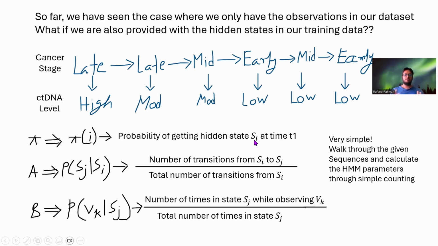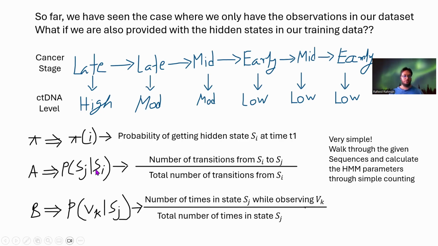You do the same thing for the other states and divide by the summation. So if you have three states, late, early, and mid, and maybe your late stage comes at T1 20 times, and the other ones come 5 times each, pi for late stage will be 20 divided by 30. That's how simple it is.